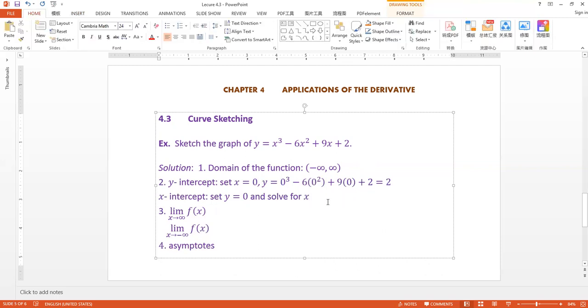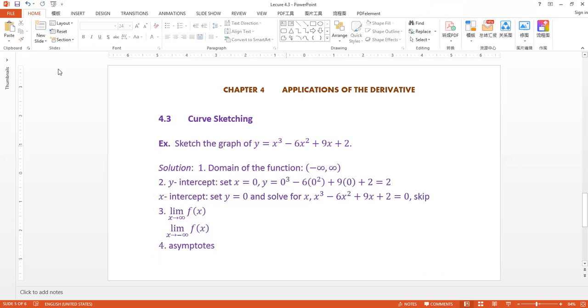So what do we get? x cubed minus 6x squared plus 9x plus 2 equals 0. And this equation is not easy to solve. That's a cubic equation, and obviously there's no integer solution in here. And it's hard to factor.